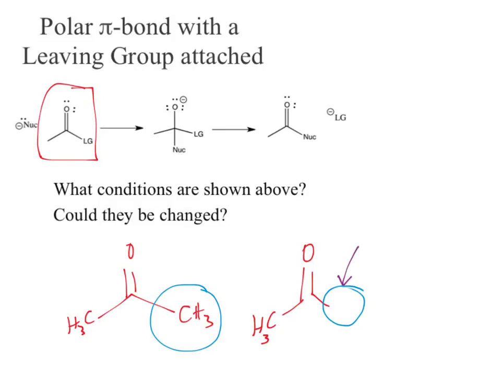What characteristics would make that a good leaving group? Bromine, good choice. All of our halogens, technically halides, would be good options. Why? They're large and they're electronegative. Both are characteristics of things that can stabilize that negative charge. Other options?